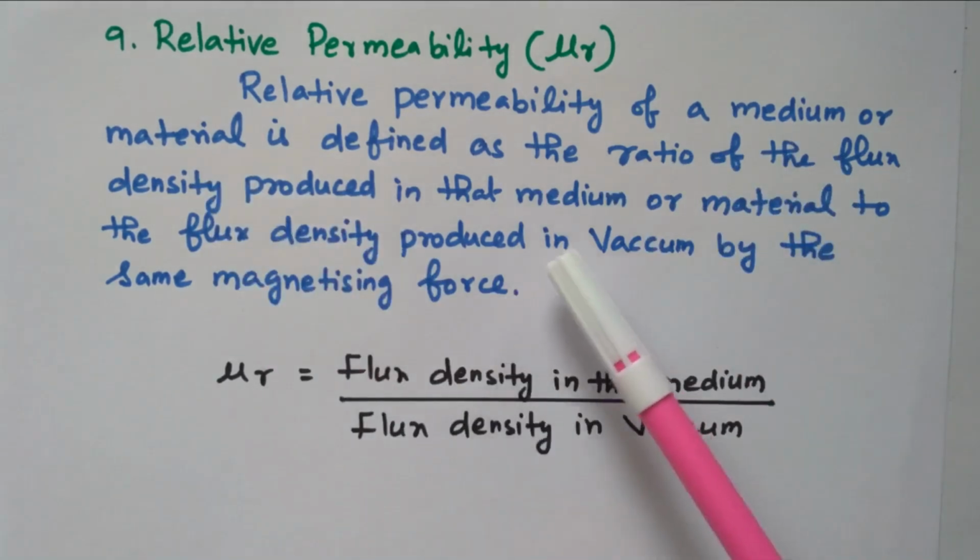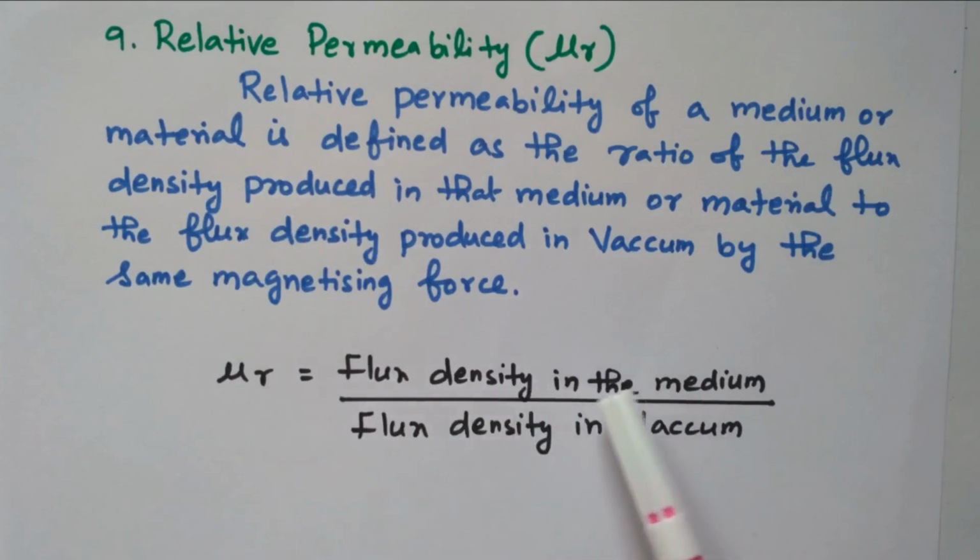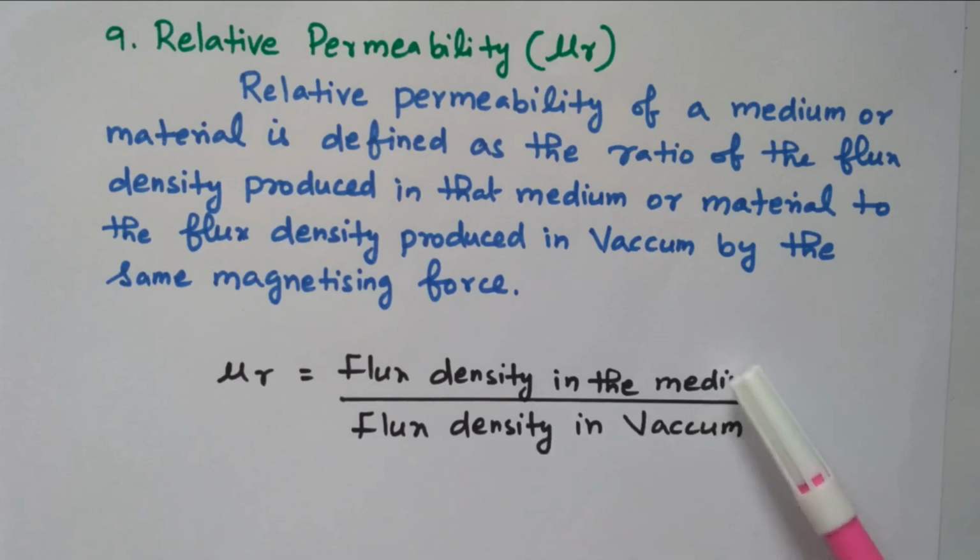We are measuring the ability of that medium with reference to the vacuum. So this will differ for each material. This is given by the manufacturer. For iron and steel, a constant value will be there.